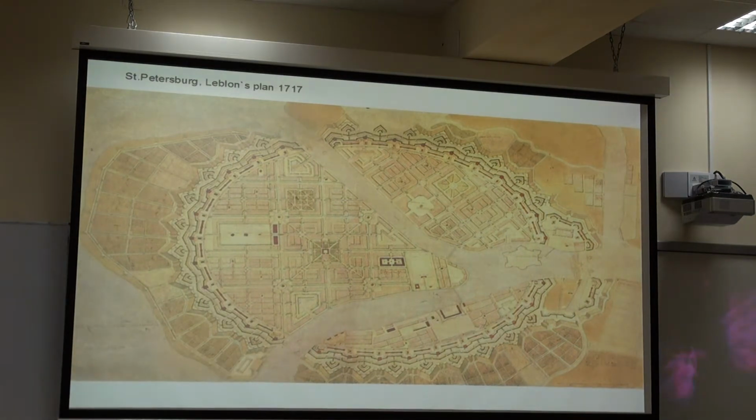This one? Yes. Yana, do you want to continue? No, well, what I wanted to say is that initially when St. Petersburg was planned, so this is the plan from 1717, the first plan that they did for St. Petersburg, they planned it as a proper fortress, let's say.